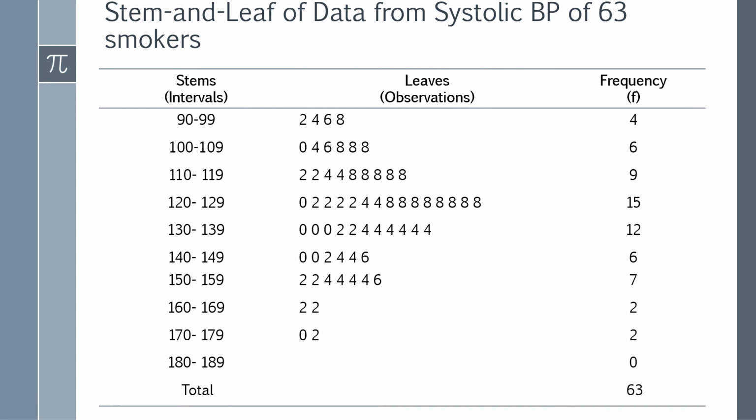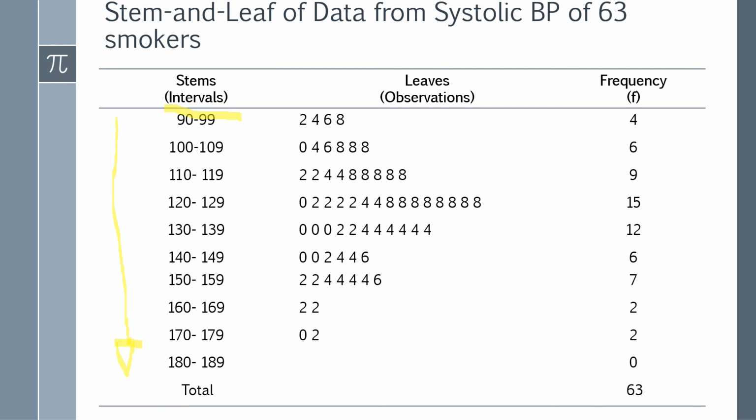So this is your example of a stem and leaf display of the systolic blood pressure of 67 smokers. So in the first column, again, andito yung interval natin. Pero kung mapapansin natin, yung pag-create natin dito ng interval is pababa, no? Or the classes rather is pababa, no? From lowest to highest. Okay?